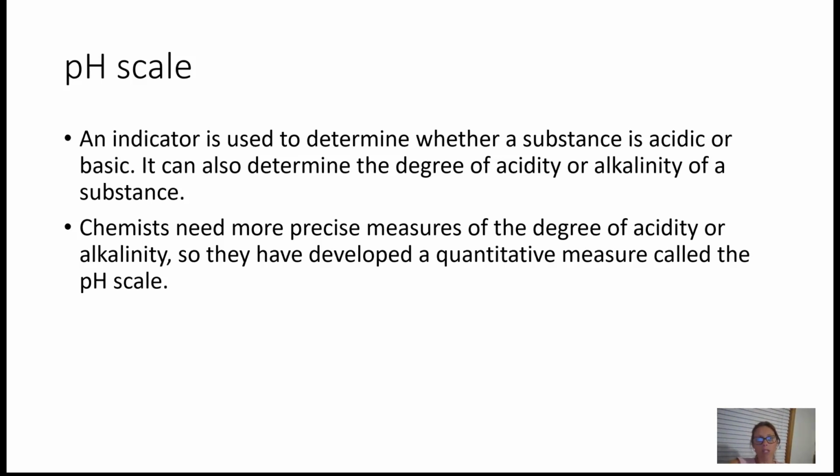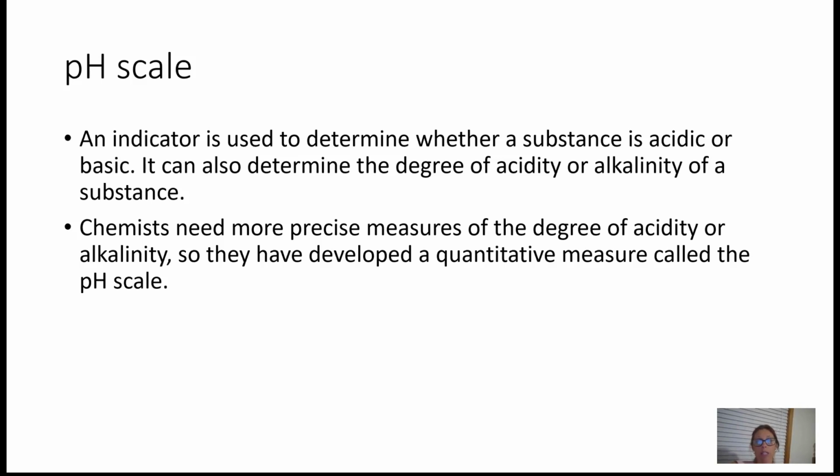You're actually going to measure the pH of each of those solutions using a pH probe, a pH meter, and also some universal indicator. That indicator is usually used to determine whether a substance is acidic or basic, and depending on its pH, it'll tell us the degree of acidity. Some of those we might have looked at before, like phenolphthalein, will just be clear or pink. It's not actually giving us an exact pH. So we're going to be looking at pH now.